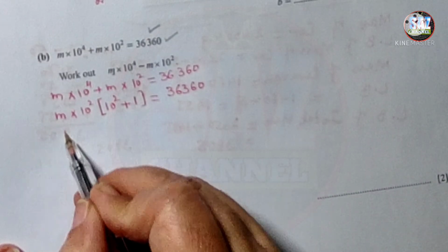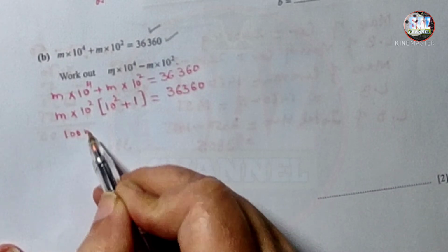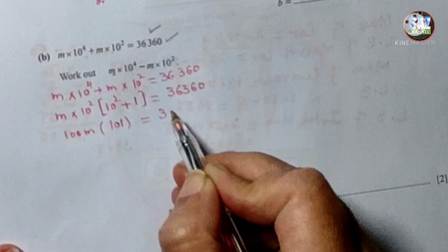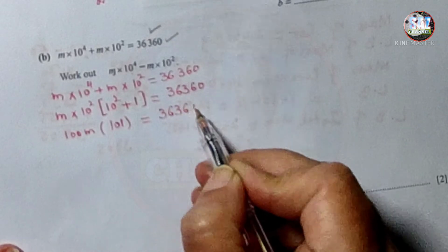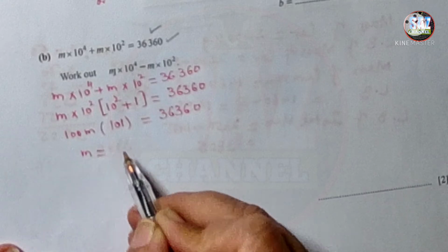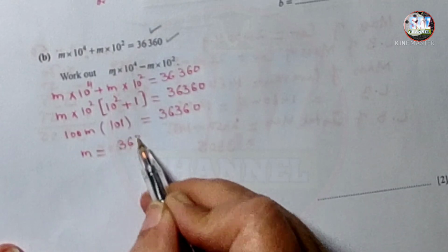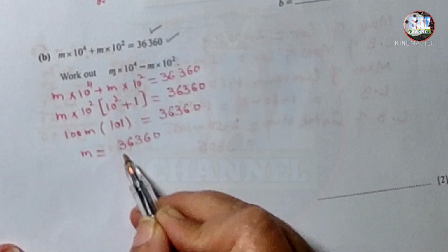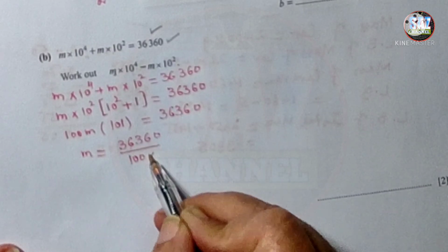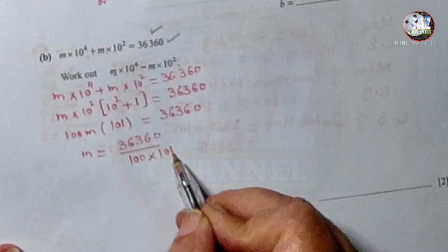Now it will become 100m into 101 equals 36360, and I need to find the value of m, and that will become 36360 divided by 100, and this 101 as well.